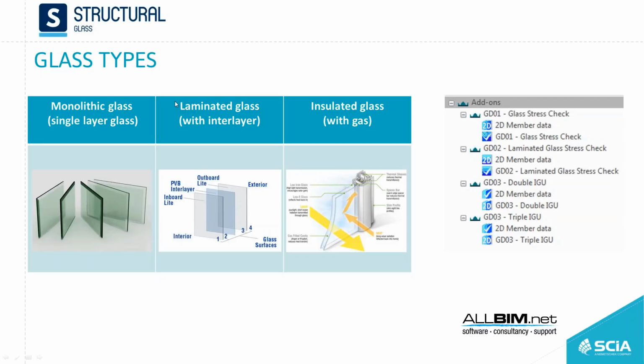Shards will be small and will stick to a foil. So laminated glass is made of several layers of glass and an interlayer, which is usually made of PVB, polyvinyl butyral. It's just a very thin foil, and everything is placed in an oven, and under high temperature and high pressure, everything is glued together.